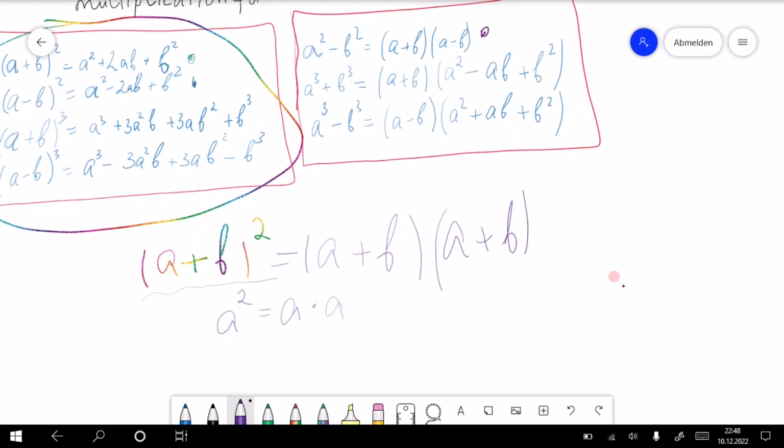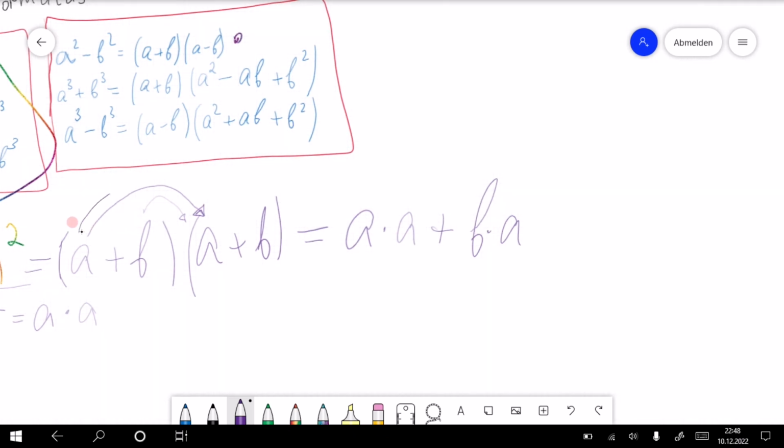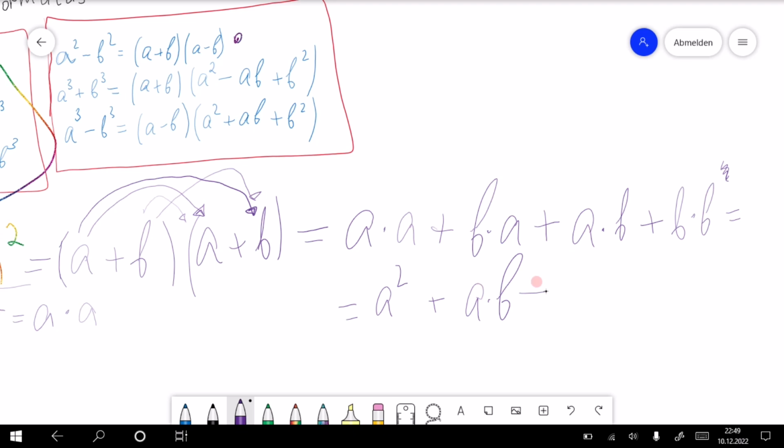Now we can multiply this grouping. So first, a times a, it is a squared, then b times a, plus b times a, then a times b, plus a times b, and the last one, b times b, plus b squared. So a squared plus a times b plus a times b plus b squared, and we can add these.